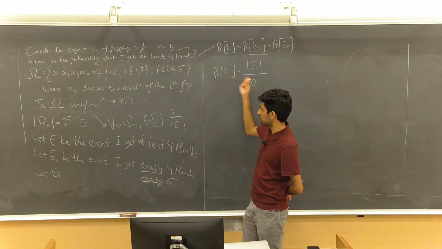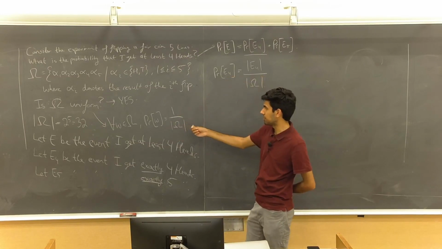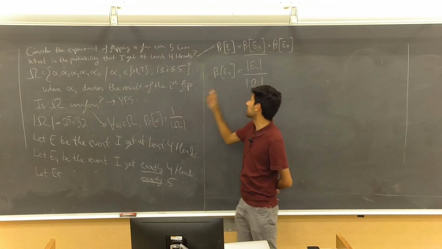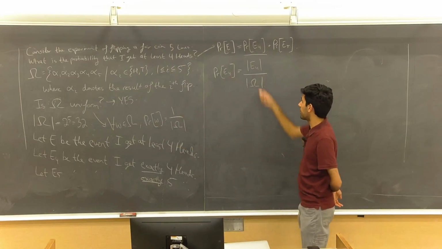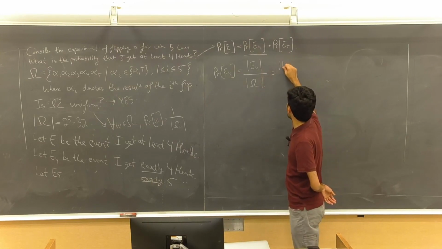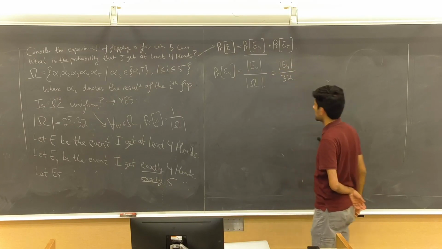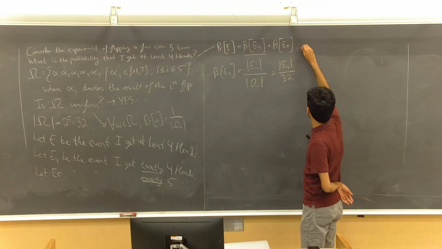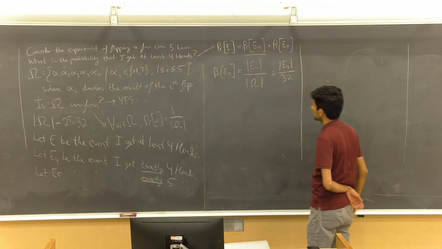And so we'll just sum up all of the probabilities for all the outcomes that are in E4, and we get this equation. Well, we have the denominator already. So now it's just a matter of computing the cardinality of E4.